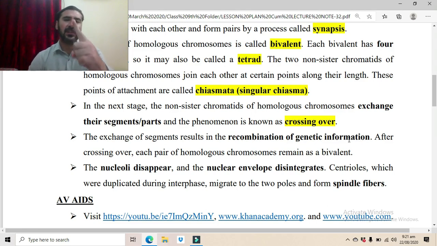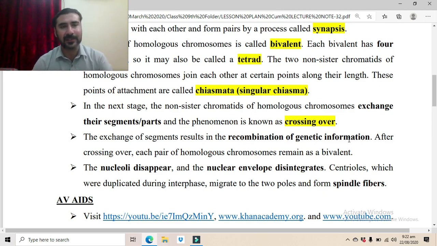Suppose this part moves here and that part moves here, so the genetic makeup will be changed because the genetic sequence is now changed here. The original part is removed and another part is attached here with this chromatid. So this is known as genetic recombination, because the genetic information is exchanged through those parts which are exchanged between the two non-sister chromatids.